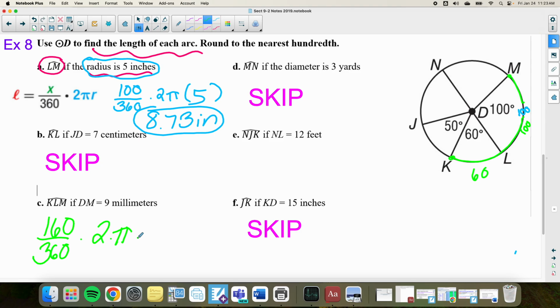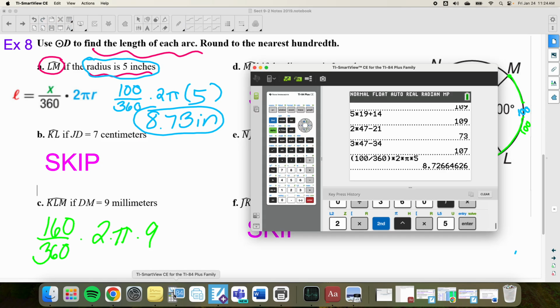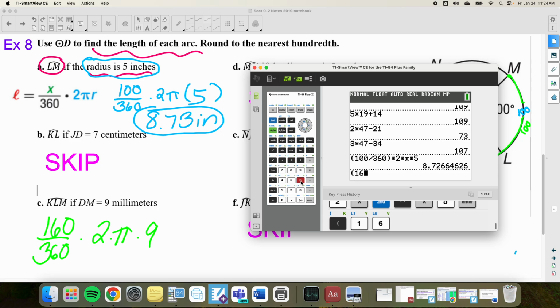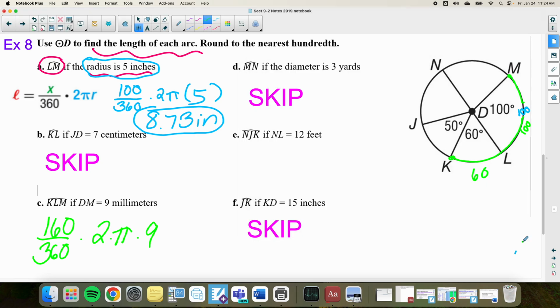And it is. If it said NL, where it's a diameter, then you'd have to divide by 2. So we would just multiply that by 9, and then you would punch that in. So you'd go parenthesis 160 divided by 360, parenthesis times 2 times pi times 9. Okay, did you guys get 25.13? And that would be in millimeters?